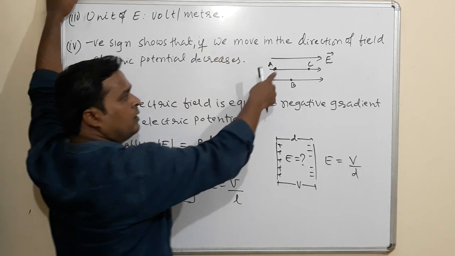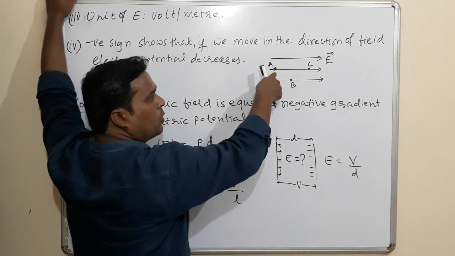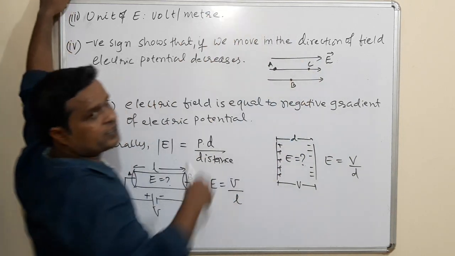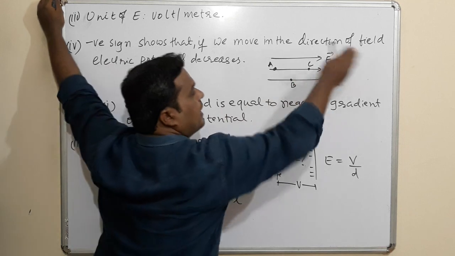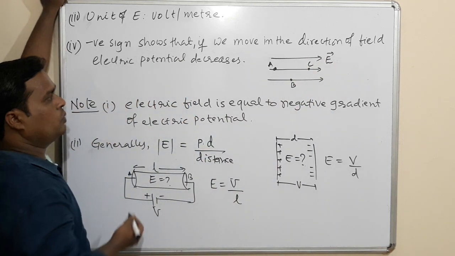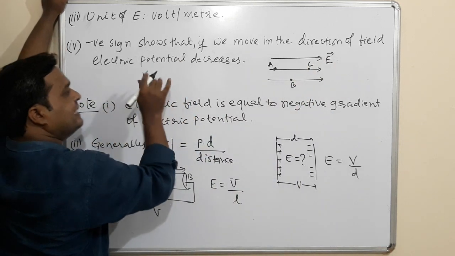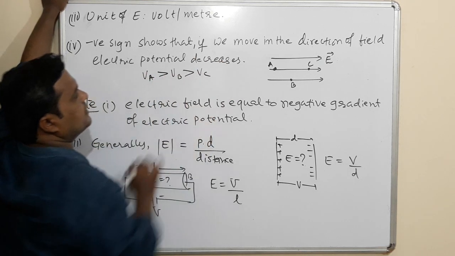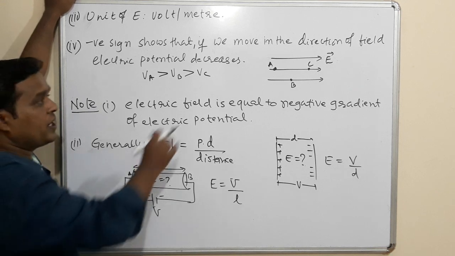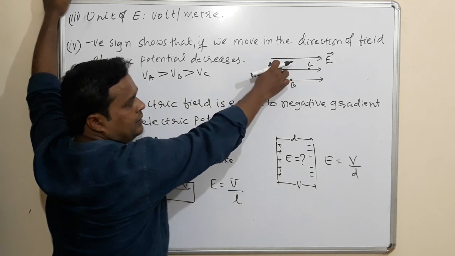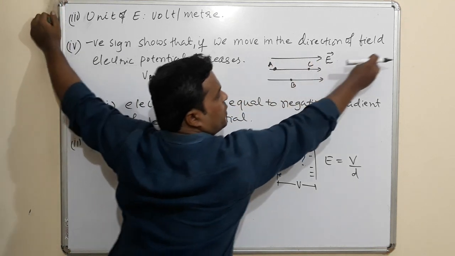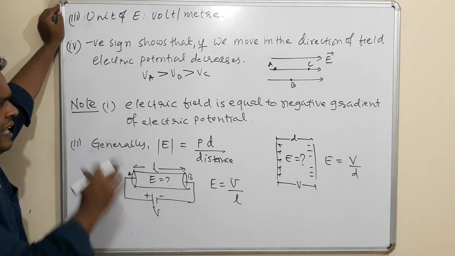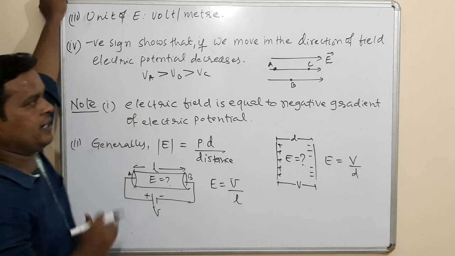That means potential at A will be more compared to potential at B, and this will be more compared to potential at C. As we go in the direction of the field, potential goes on decreasing. VA should be more than VB and VC, because potential is maximum at A, minimum at C. If you move forward still, potential goes on decreasing. This is exactly what the negative sign indicates in this relation.